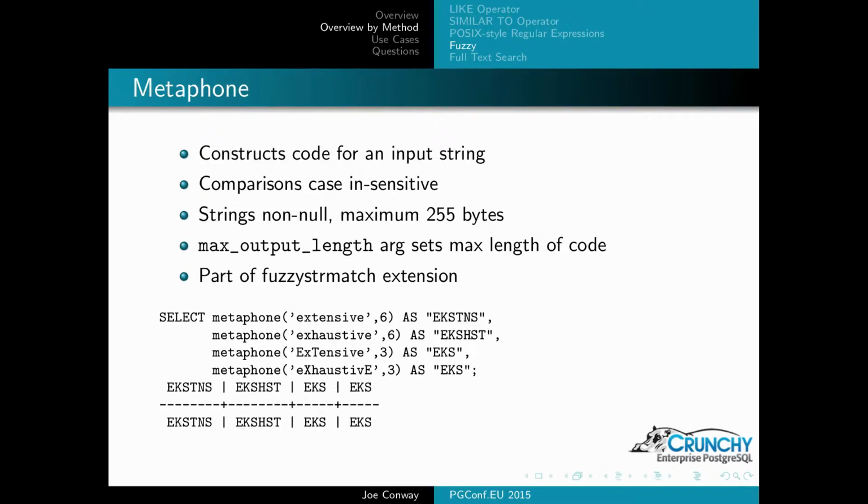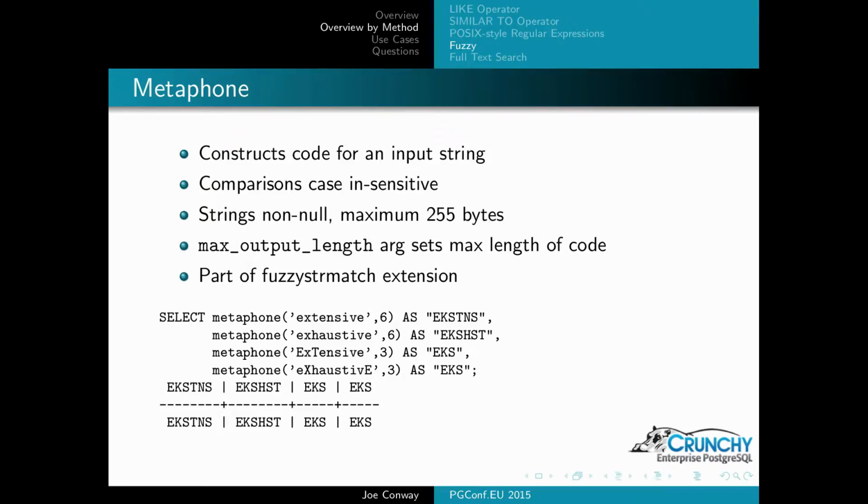This other algorithm, Metaphone, makes a code for an input string. It's case insensitive in the way it works. It's still limited to 255 bytes, but it takes another argument that lets you set how long the output code should be, which kind of allows you to adjust the sensitivity for how close you want to make the match.